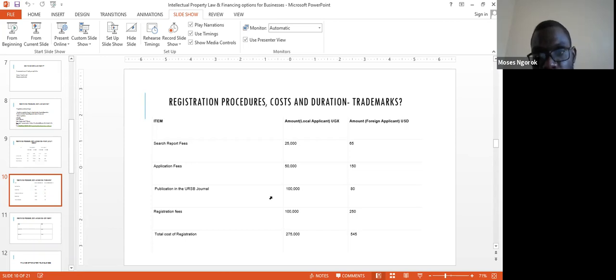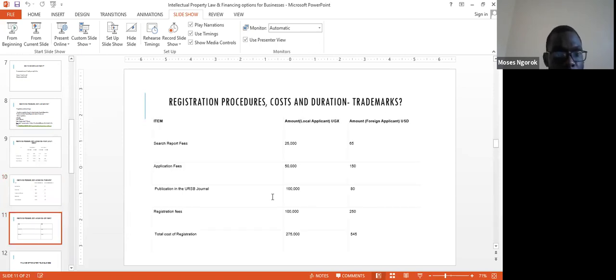Then for foreign applicants, $65 for search fees, application fees $150, publication in the journal is $80, registration fees is $250, and the total is $545.